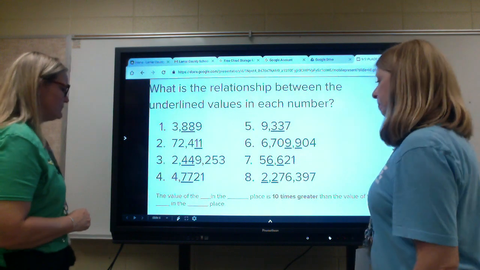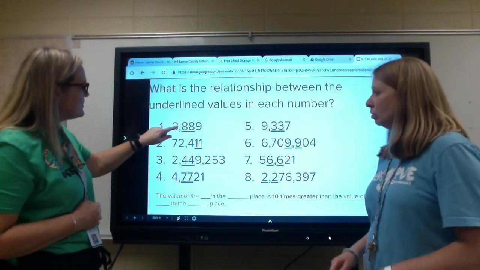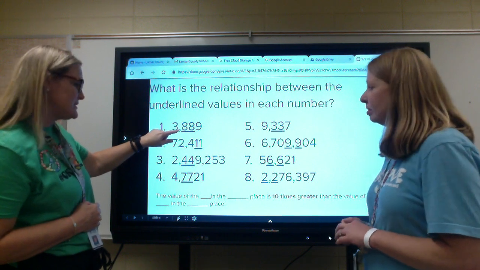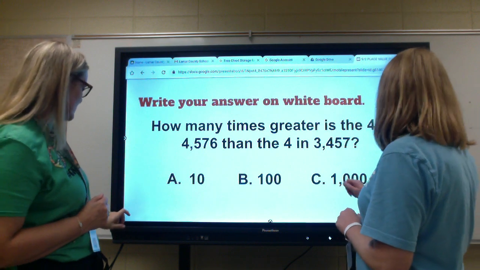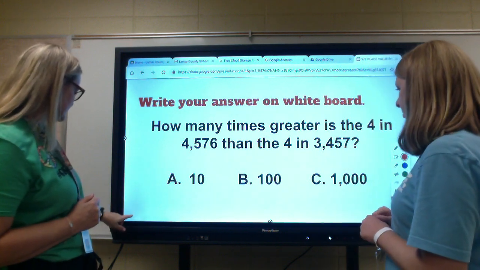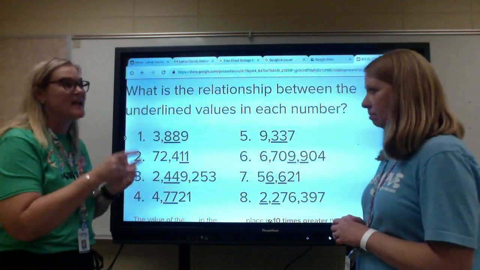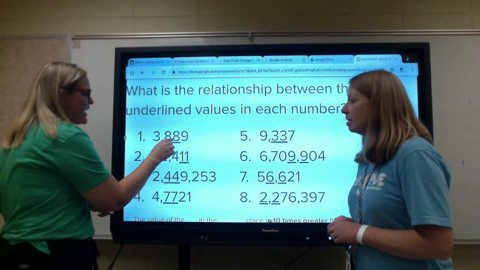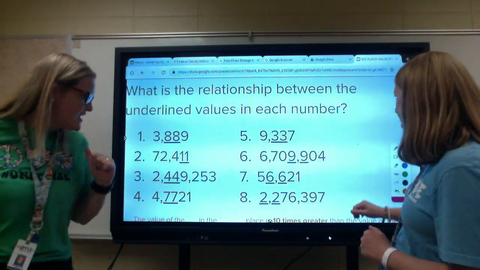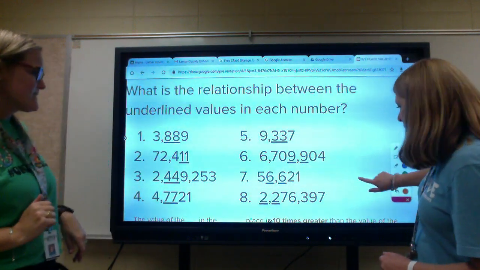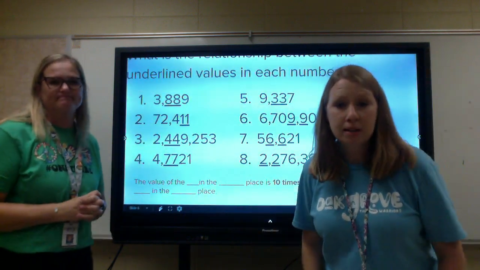I'm looking at this one, and I'm saying, Miss Jacobs, did you know that the value of the 8 in the hundreds place is 10 times the value of the 8 in the tens? Yes, you are exactly right. You were able to use this sentence right here to help us tell our parents about it.